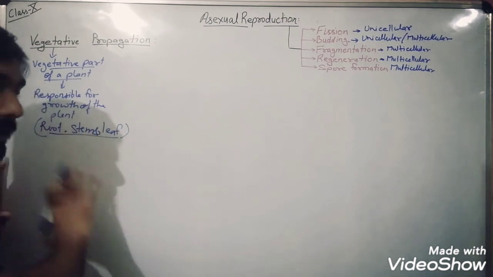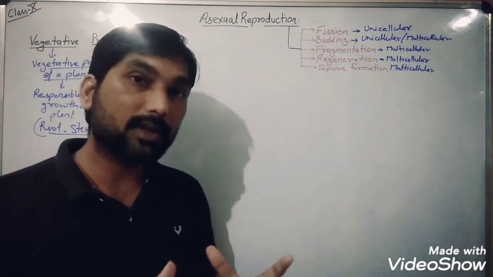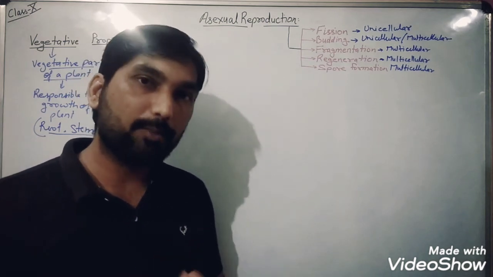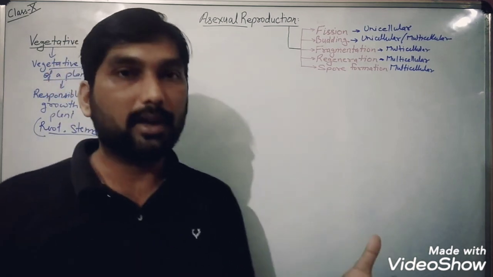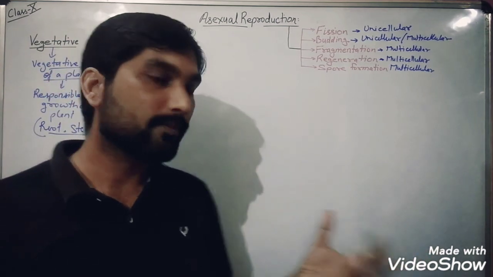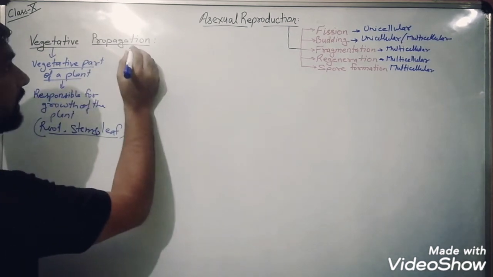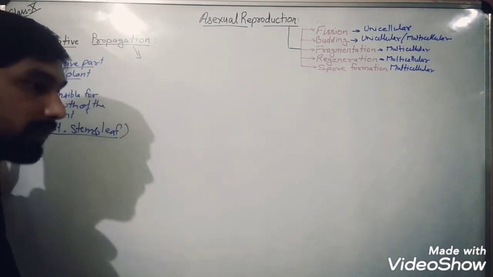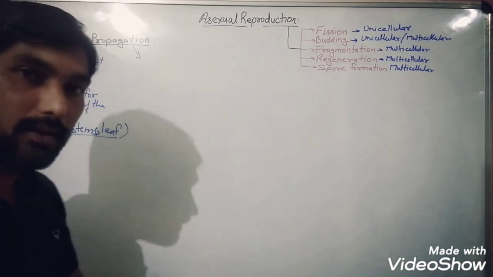Apart from this, one more part is there, that you know: flowers. Flowers are considered the reproductive part of the plant, because flowers take part in sexual reproduction. And when we talk about propagation, what do we mean by propagation? Perhaps in physics also you have read about propagation of light, sunlight.